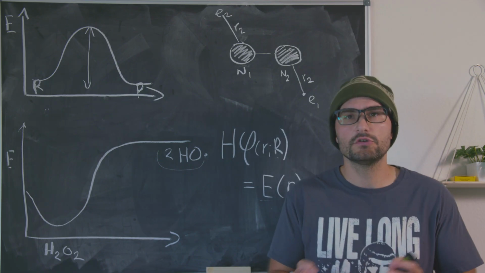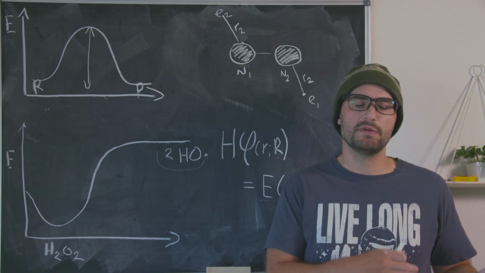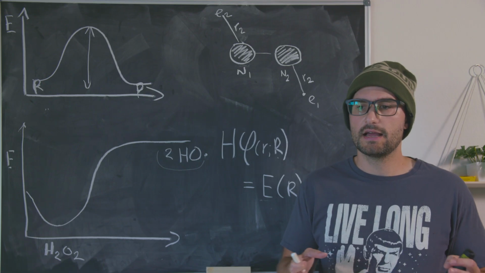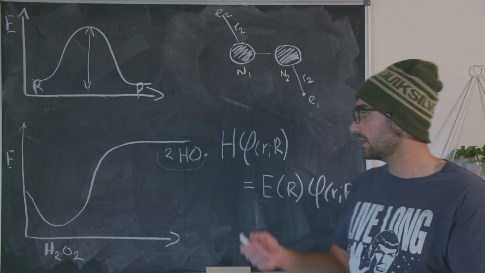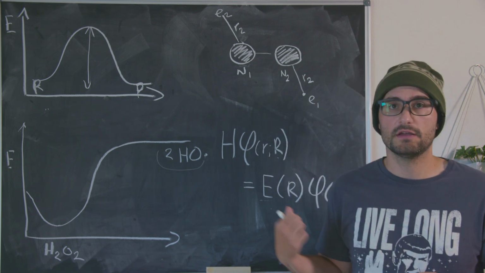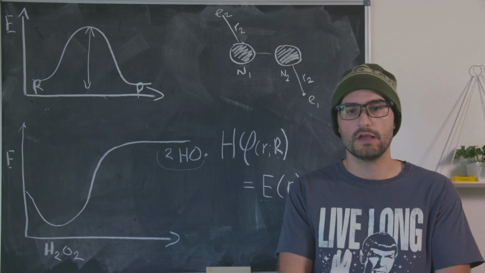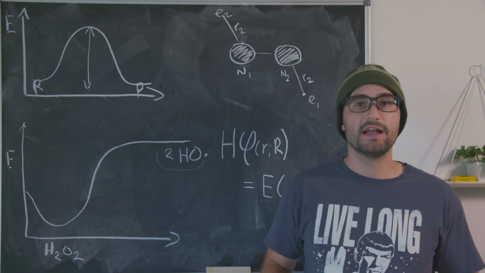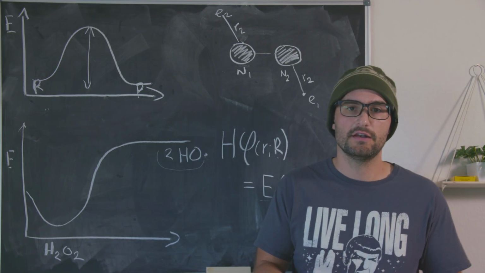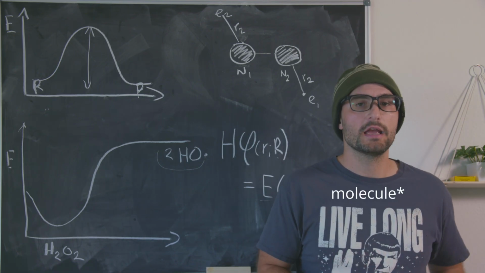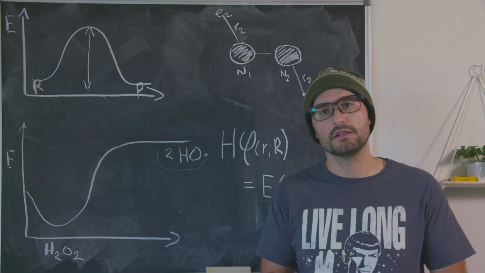Of course, if we're interested in the nuclei, for whatever reason, if we're interested in looking at the nuclei in more detail in a way that the nuclei move, we can go back and solve the other half of this separation. We can solve a Schrödinger equation for the nuclei, and in fact that gives us vibrational energy and rotational energy of the atom, which are on a much smaller scale than the electronic energy.